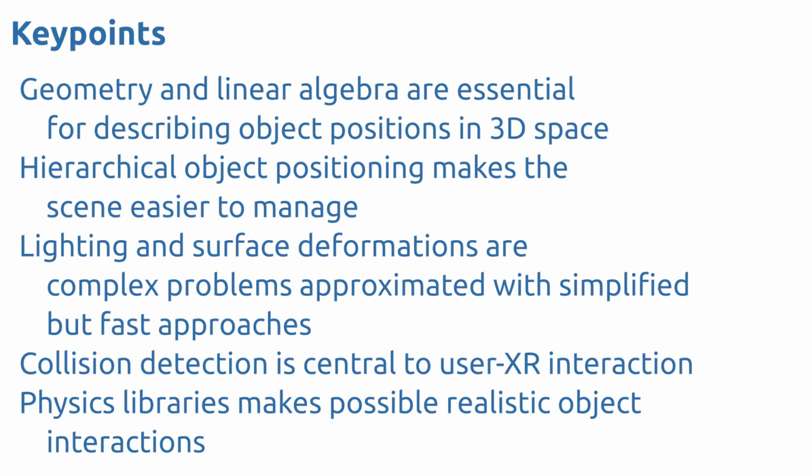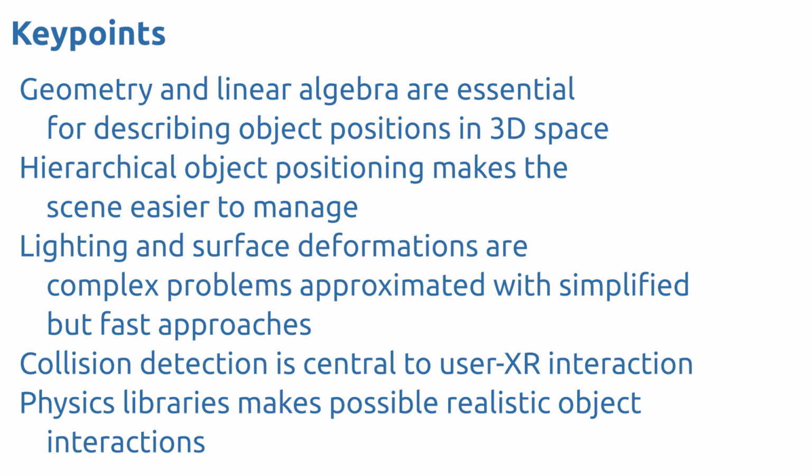The goal of this chapter was to introduce you to basic methods of implementing XR applications. It all starts with geometry and linear algebra, which makes it possible to position objects in 3D space. Transform matrices and hierarchical object positioning make scenes easier to manage, as multi-part objects can be manipulated as single entities through their top parents. There are complex modeling problems to be addressed, such as lighting and surface deformations.